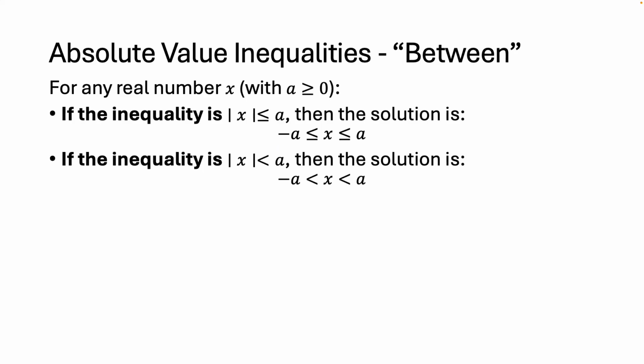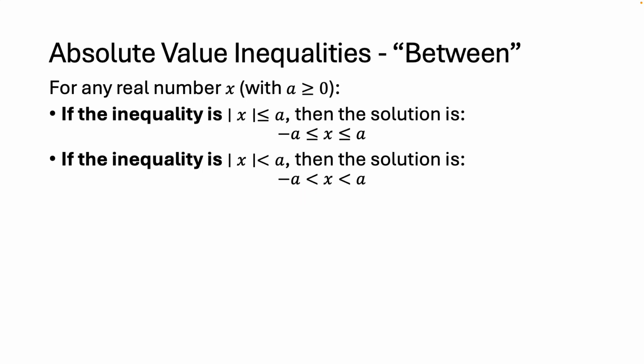If the inequality is the absolute value of x is strictly less than a, then the solution is x is greater than negative a and x is less than a. In other words, x is between negative a and a, excluding the endpoints.